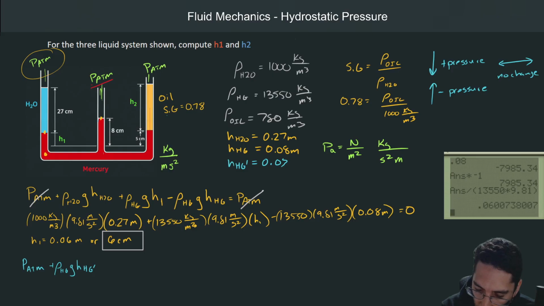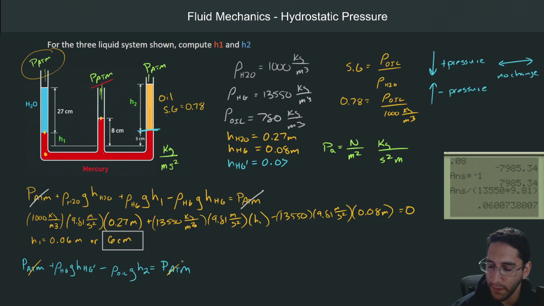Now I can go up, and if I'm going up, I subtract the density of my oil times gravity times H2. Then I'm at my second atmospheric pressure, and again my atmospheric pressures cancel with each other.